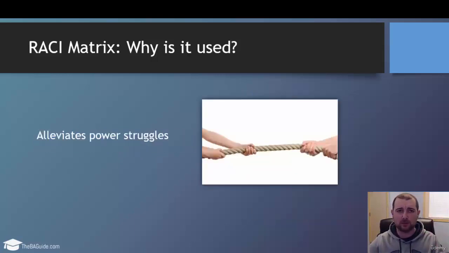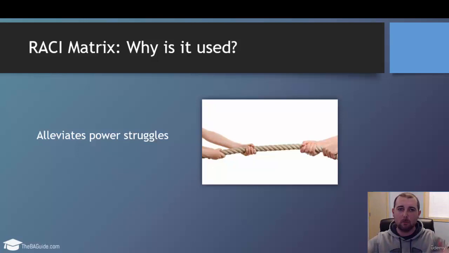One thing it really helps to eliminate is power struggles. So one thing that the matrix does, as we get into it, you'll understand that you're able to identify who's responsible for certain elements and who's accountable for certain pieces and tasks. And by doing that and identifying who's responsible, you eliminate the kind of butting of heads.